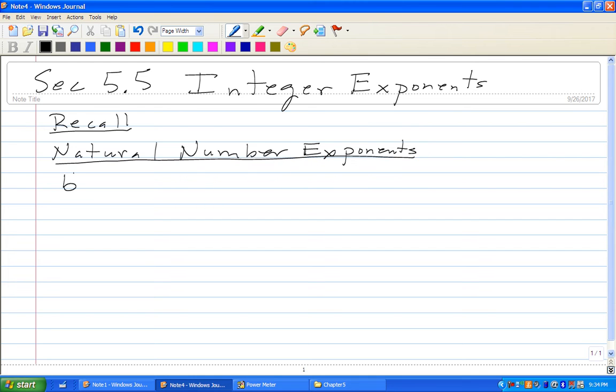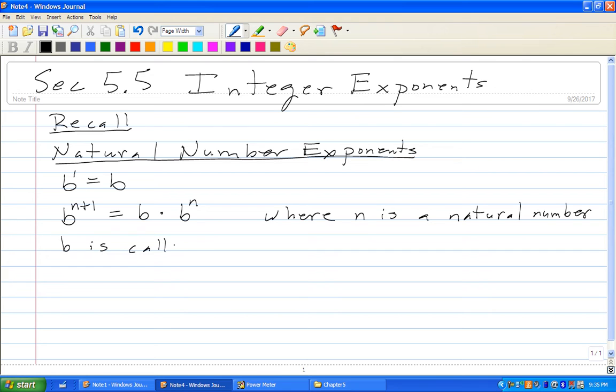So, b to the first power is just b for any base b. b to the n plus 1 is equal to b times b to the n for any natural number n. b is called the base, and n is called the exponent.